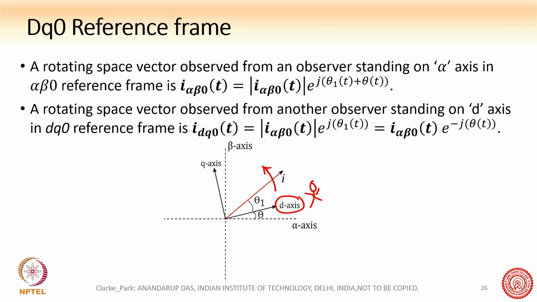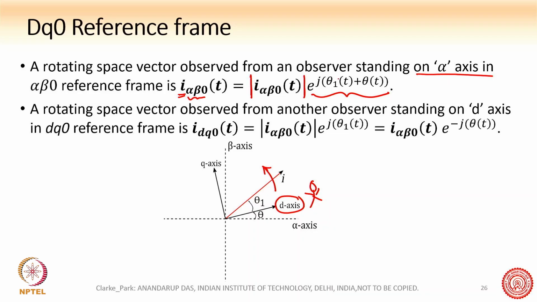When an observer is standing on the alpha axis and observing the rotating vector, we say that I is the rotating vector I am observing from alpha beta 0. This is the magnitude of the vector, and this is the angular difference between the alpha axis and the instantaneous position of the reference vector.